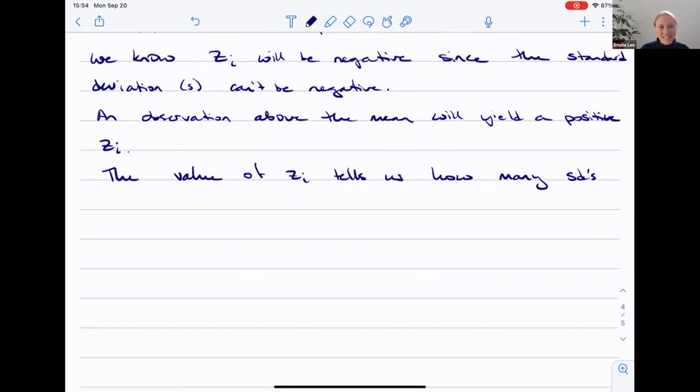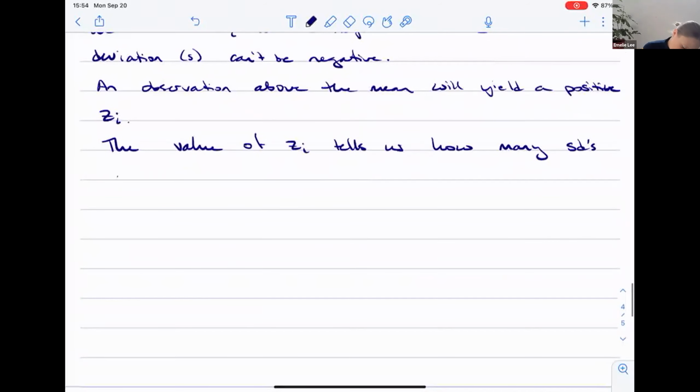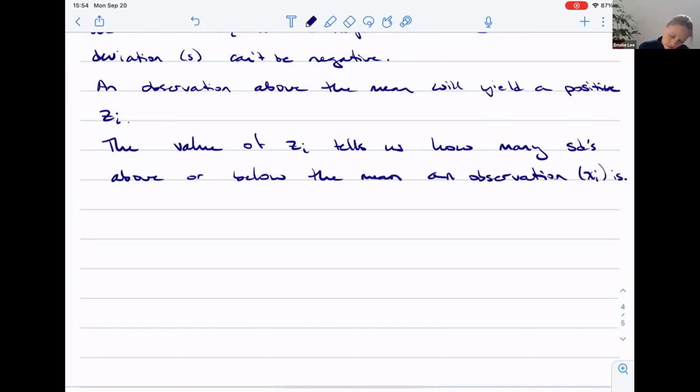The value of Zi tells us how many standard deviations above or below the mean an observation xi is. Kind of a weird sentence structure, but I think you get it, hopefully. If not, let me know. Seems okay to me.